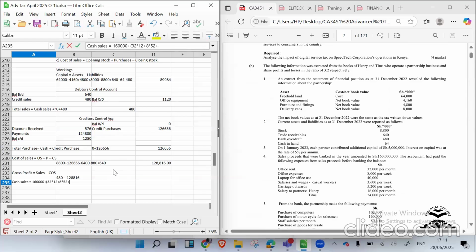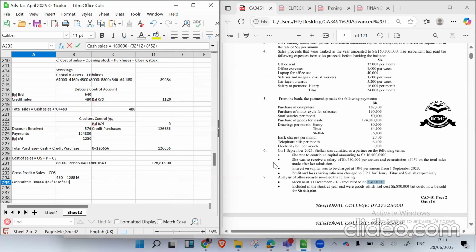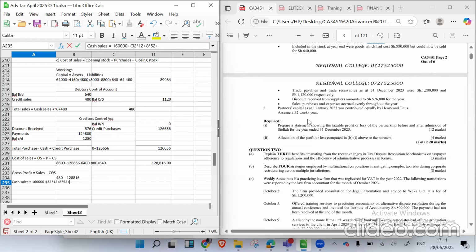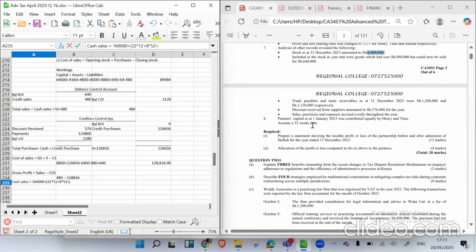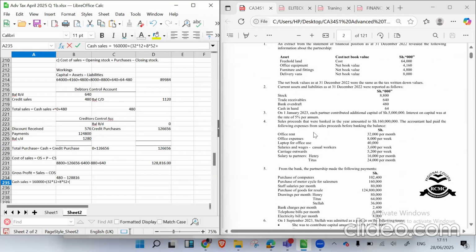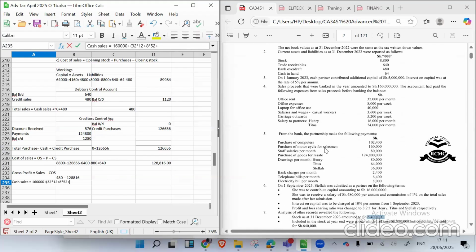A year has 52 weeks as per note number 8. Yes. So ile ya weekly una multiply by 52, ya monthly una multiply by 12. Laptop is one off, so plus 40. Plus 3.6 times 52. Right? Plus 5.2 times 52.